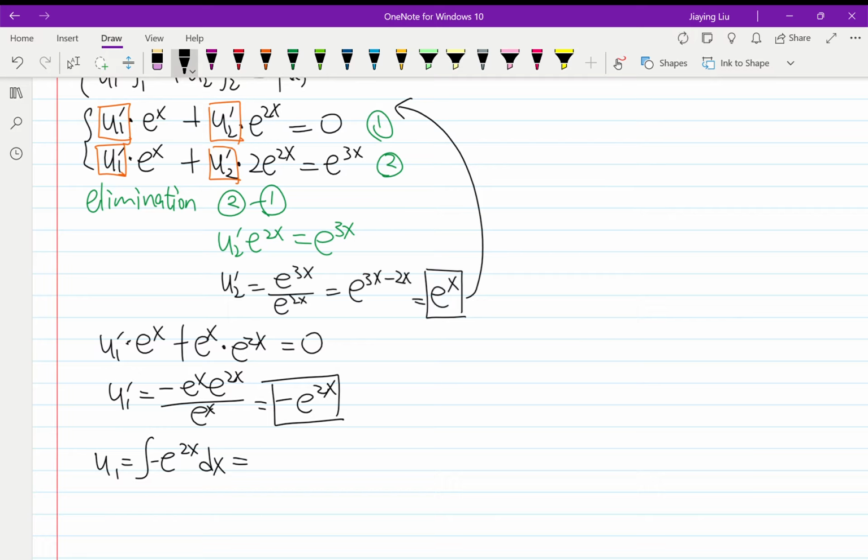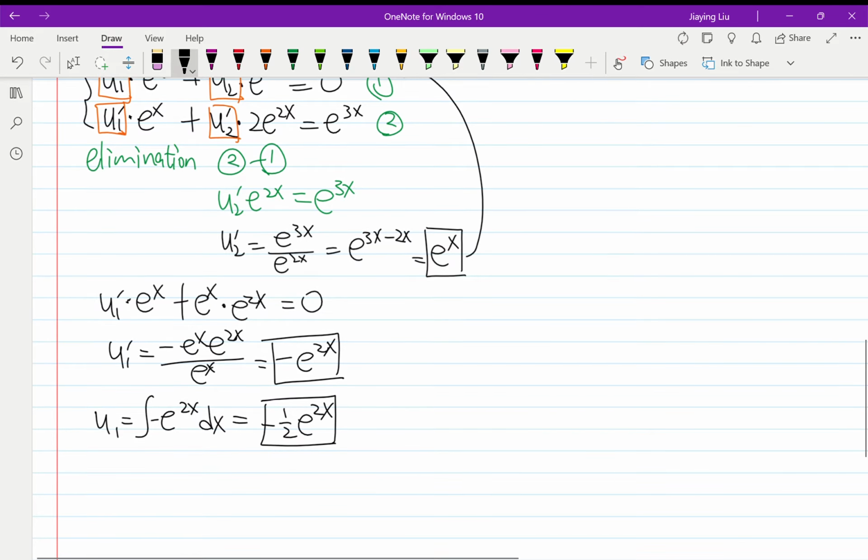And I'm just going to write down the answer because I'm sure you can integrate it. So that's a negative 1/2 e to the 2x. And u2 equals the integral of e to the x dx, which is just e to the x. So that's integrating. It will give us u1, u2.